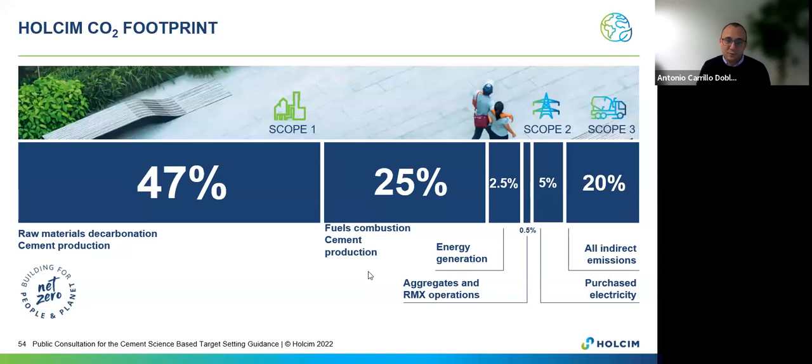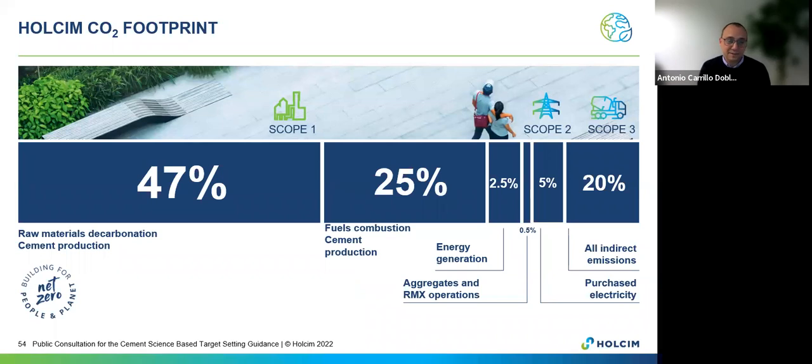And thanks to this engagement, when we first had the near-term targets back in 2020, we had to include the scope 2 emissions, and despite this being only 5% of our footprint, it helped us to unlock a number of opportunities in the renewable energy field, new power purchase agreements, new waste heat recovery projects.